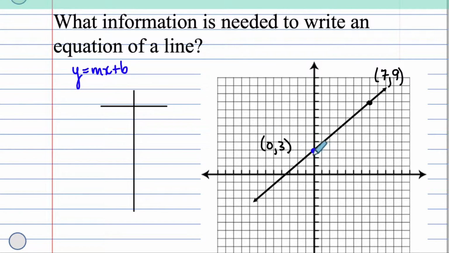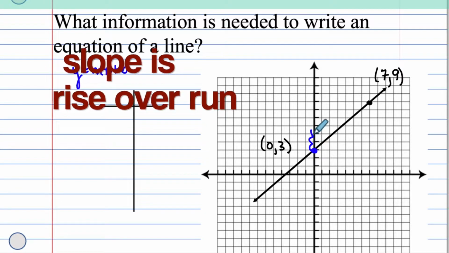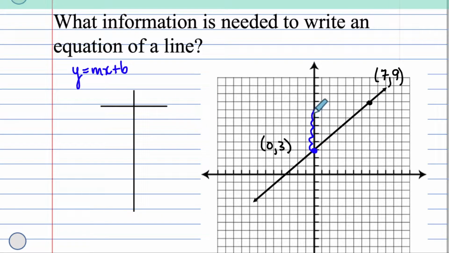We'll start with the y-intercept and we'll go up 1, 2, 3, 4, 5, 6, up 6, and right 1, 2, 3, 4, 5, 6, 7, right 7. That means we have a positive slope of 6/7.